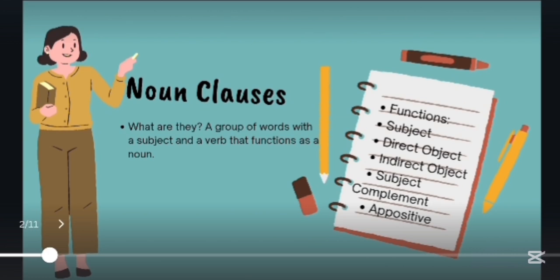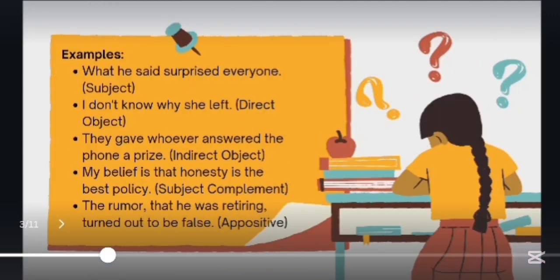They can perform several important functions. Here we have some different examples of this one. One of these says, what he said surprised everyone. I don't know why she left.